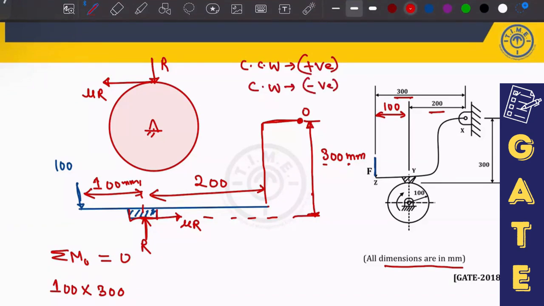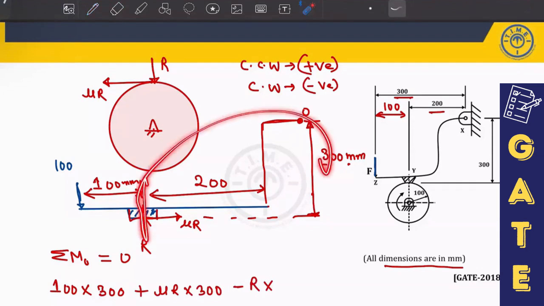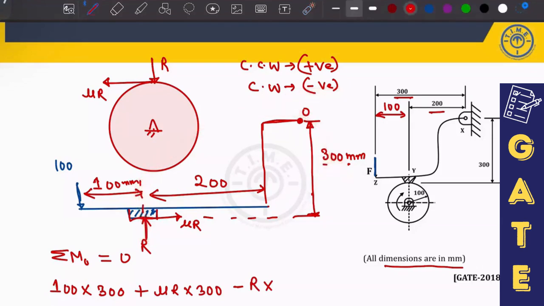So 100 into 300 plus mu R into 300 is equal to minus of R into, because this normal reaction will create the moment in the clockwise direction. What is this distance? They have mentioned this hinge distance, you can see here, is 200. So R into 200. From here you will get the value of R.